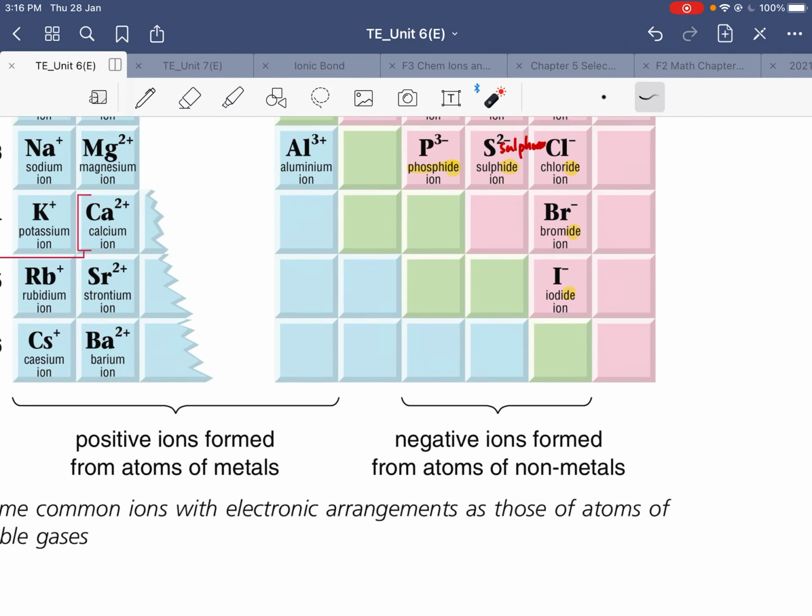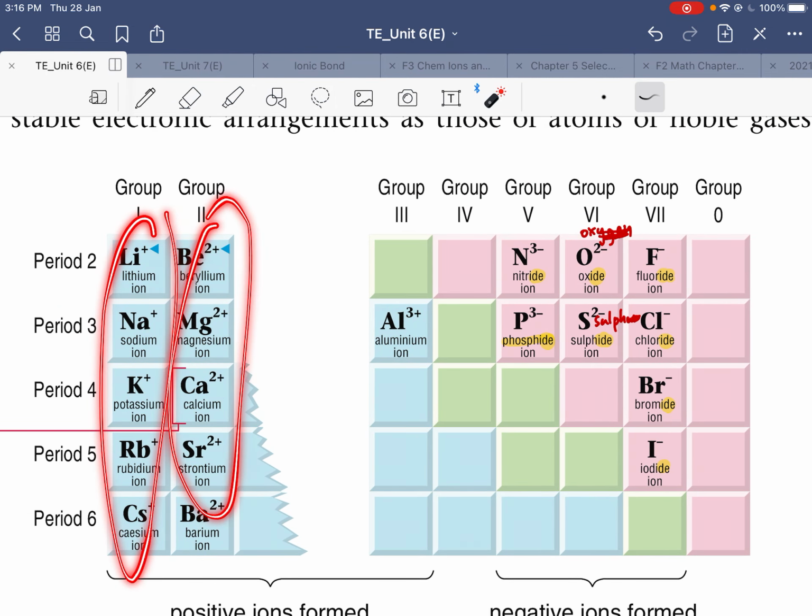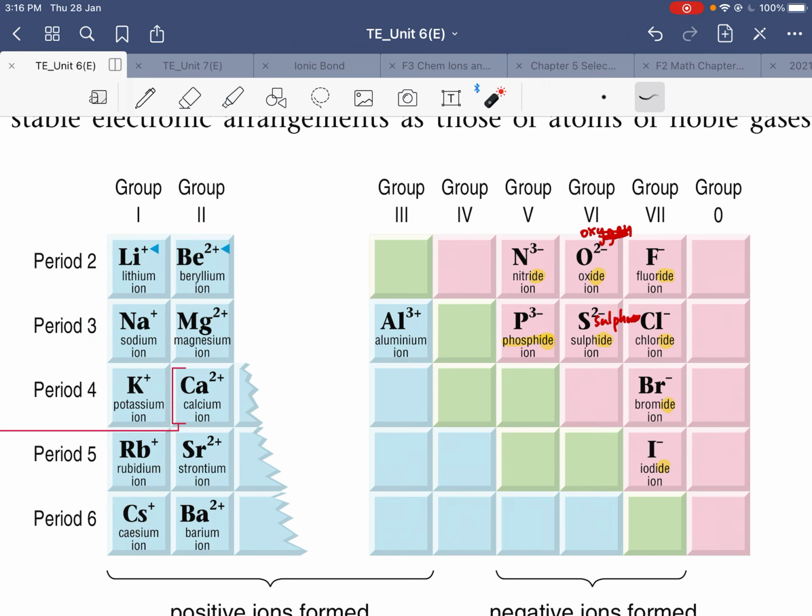You can see all group 1, group 2 elements have the same charge. For group 1 they have 1 positive, for group 2 they have 2 plus, so you expect for group 3, 3 plus. But for all the group 7 elements, they need 1 more electron, because they have 7 outermost shell electrons, and they need just one more to attain octet structure.